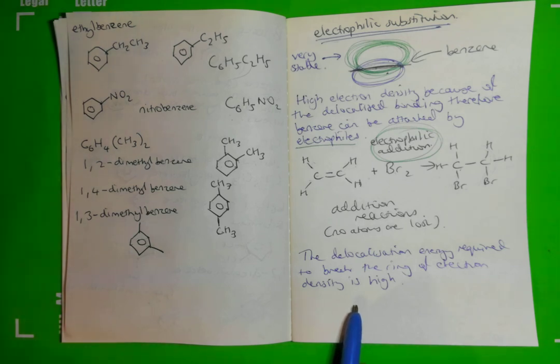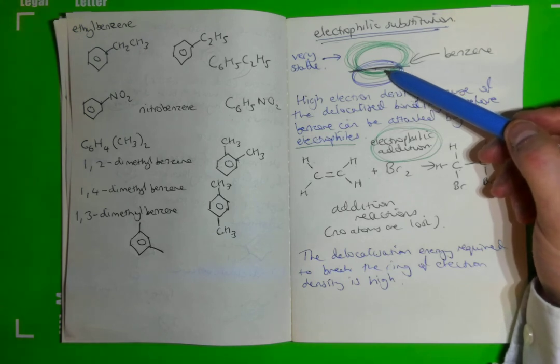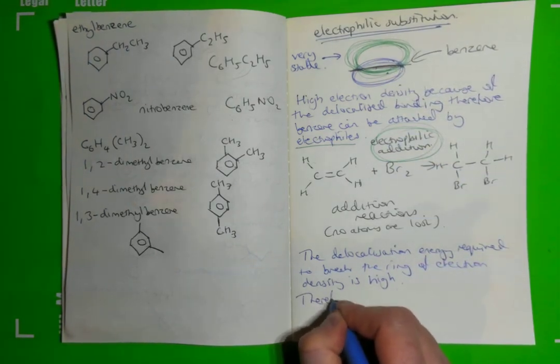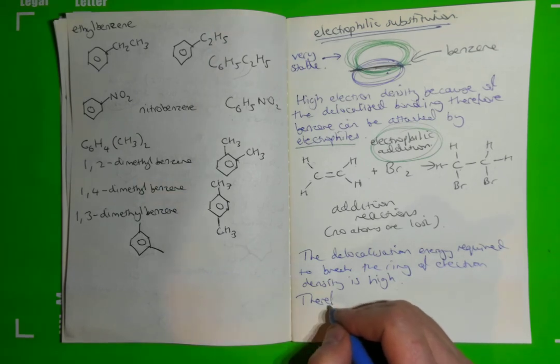So what we find is that the ring almost always remains intact in the reactions of arenes. So the ring is there at the start of the reaction and the ring is there at the end. And we'll see that in our mechanisms in 27.3.